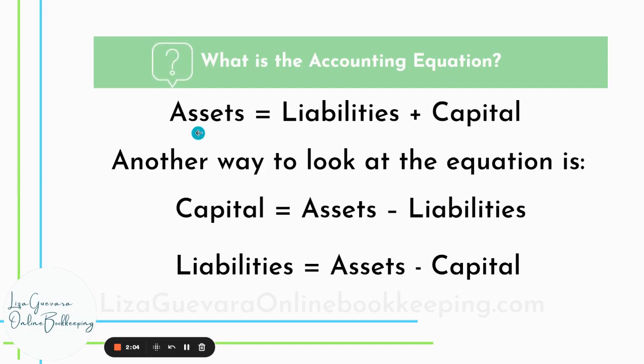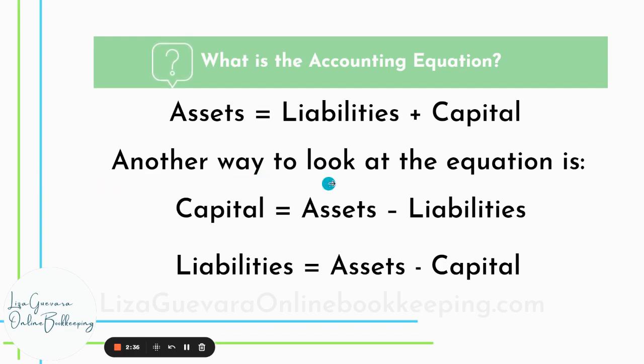So we have said that the accounting equation is assets equals liabilities plus capital. Since this is an equation, if for example capital is unknown, you can know how much the capital is by subtracting the liabilities from your assets. So capital is equal to assets minus liabilities.